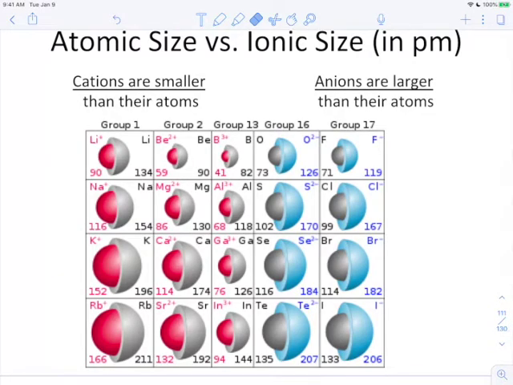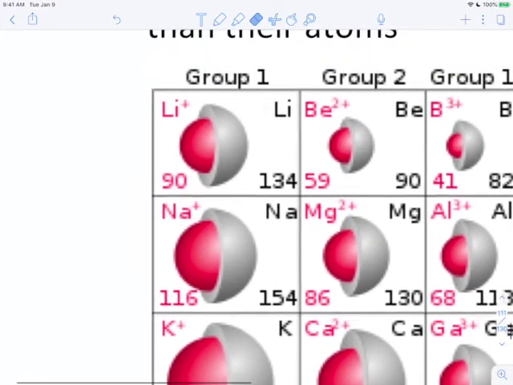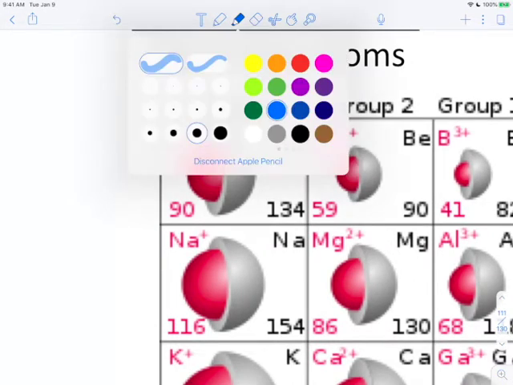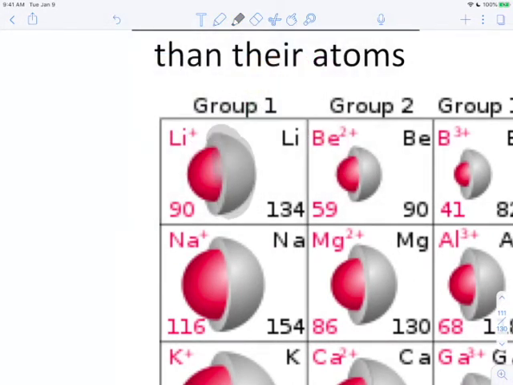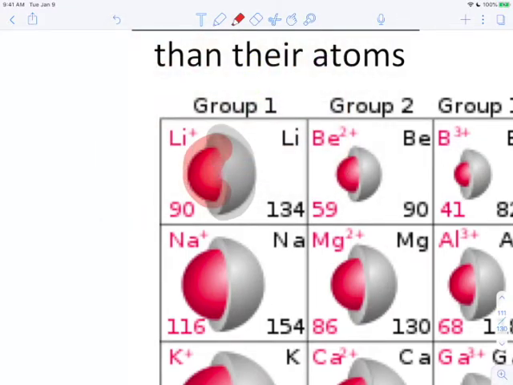So here is a size chart, and what I want to do first is just take a look at the cations here. All right, so here what we see in gray, these ones right here in the gray, that is the original element. So the cations are in red, and you see the cations are smaller.